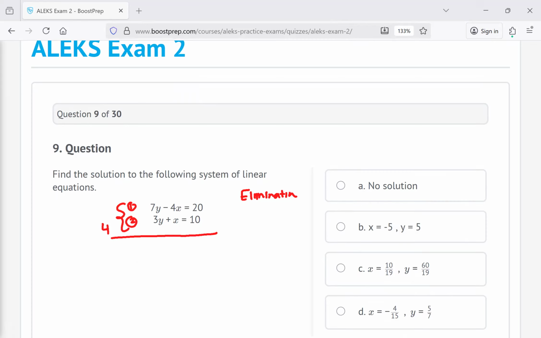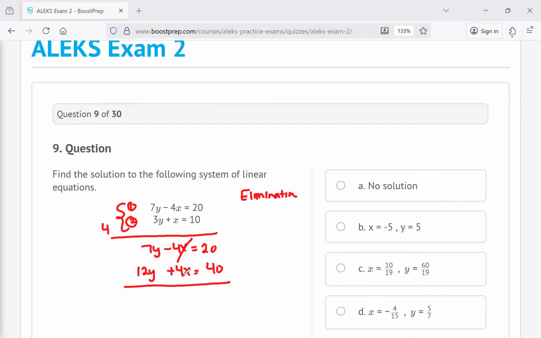I didn't do anything with equation 1, so I'm just going to rewrite it. Equation 2, I've got to multiply everything by 4. So 3y, the x, and the 10 by 4. 4 times 3y is 12y. 4 times x is 4x. 4 times 10 is 40.